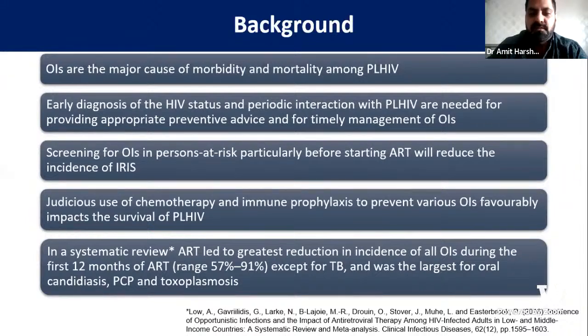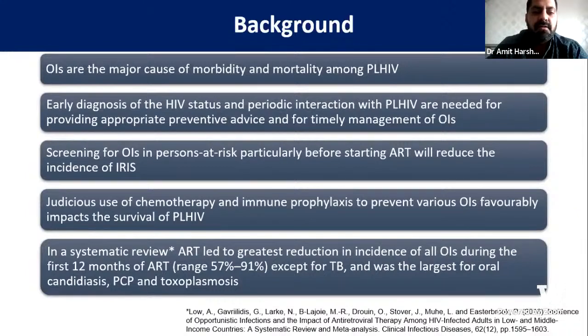What it showed, which is also known to all of us, is that ART led to the greatest reduction in the incidence of all opportunistic infections, specifically during the first 12 months of ART usage, ranging from somewhere around 60 to 90%, except for TB, and that too for unspecified TB, because it takes more time, more than 1 year. And the largest reduction was also seen for oral candidiasis, PCP, and toxoplasmosis.